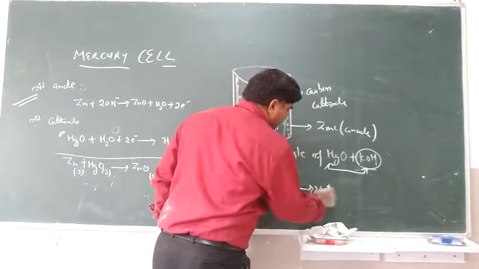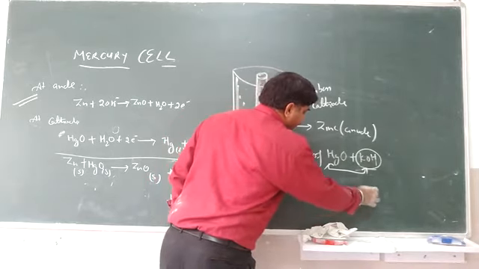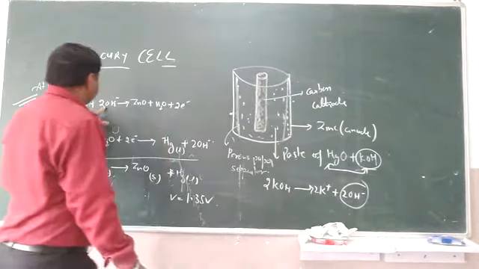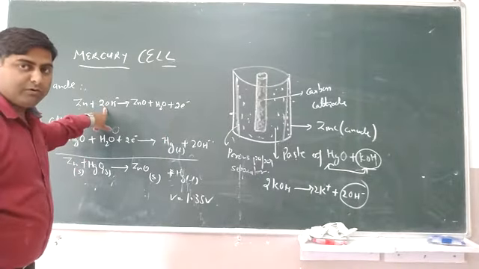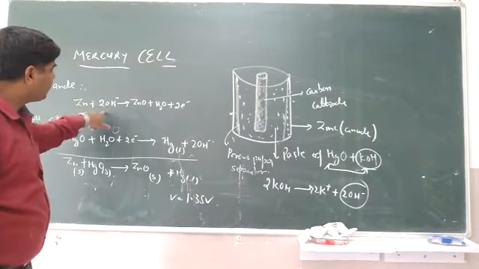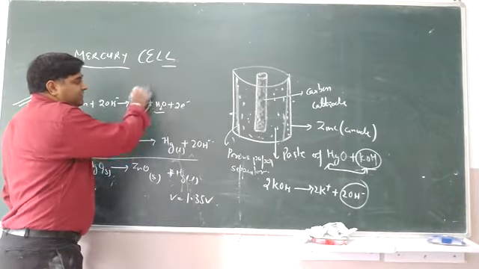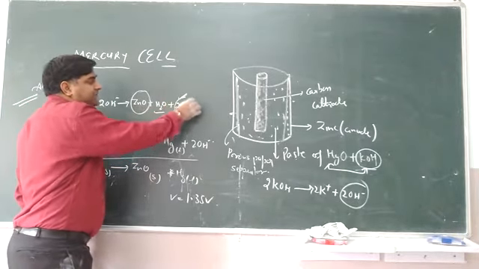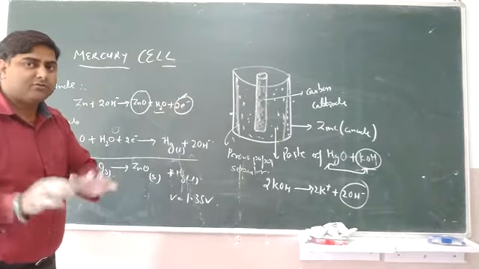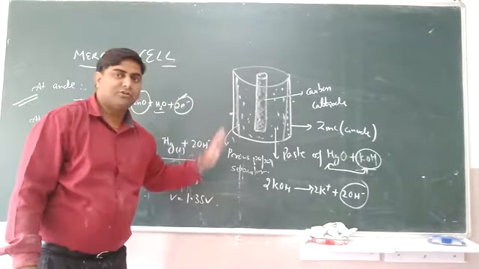It dissociates to form ions. Zinc combined with two OH negative ions gives its electrons to form water and zinc oxide, and it releases two electrons. These two electrons move to the solution.